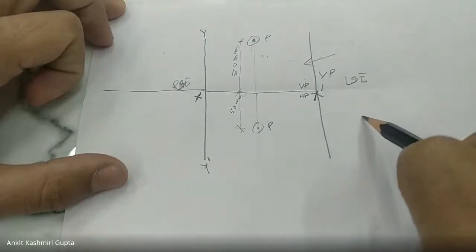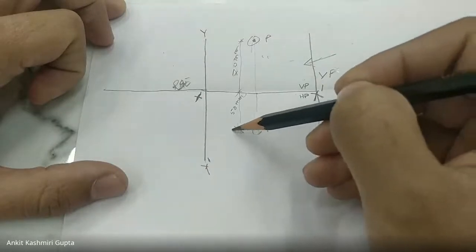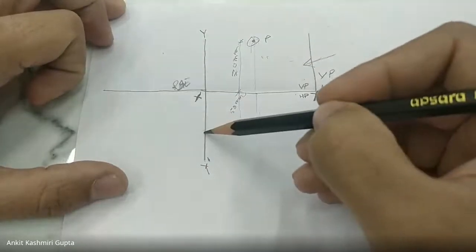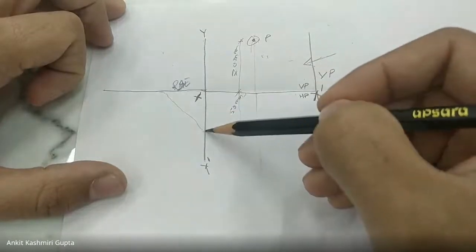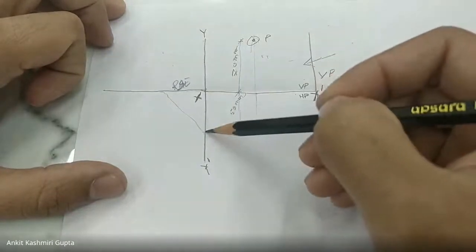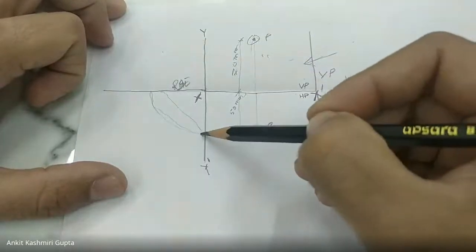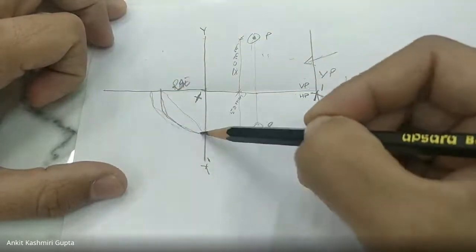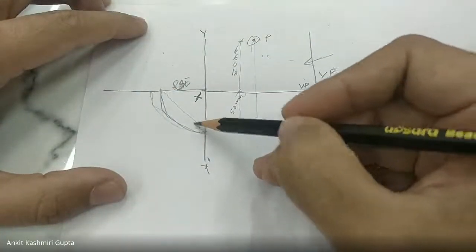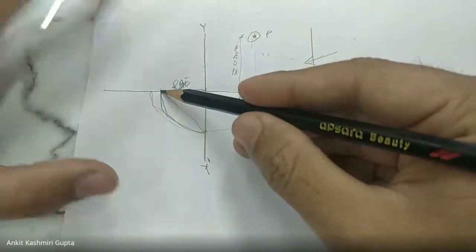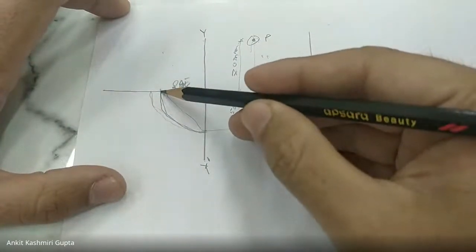So if my light is coming from this side, that means I have to take my projection here and move it at 45 degrees, or using a compass, open the compass equal to this point and draw an arc which shifts the point by 90 degrees. Either you use your set square and draw a 45-degree angle projection, or you open the compass equal to this and it will meet at the same point.